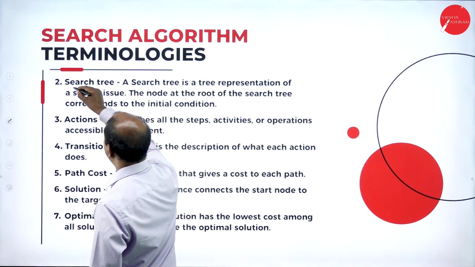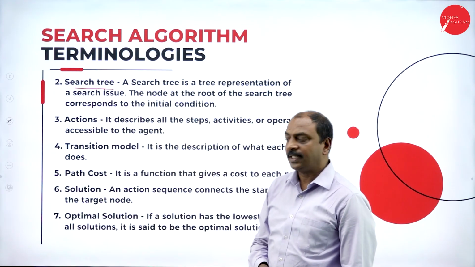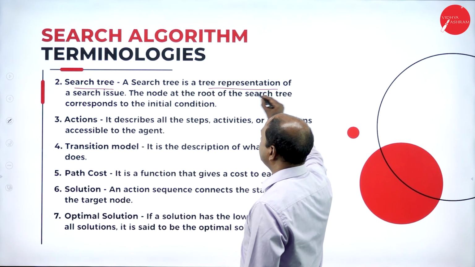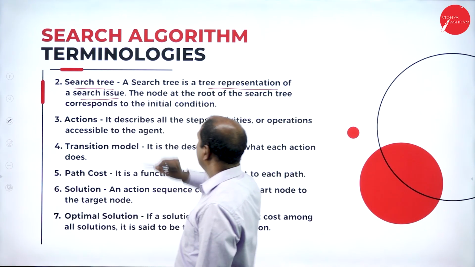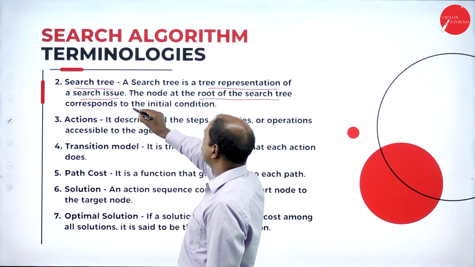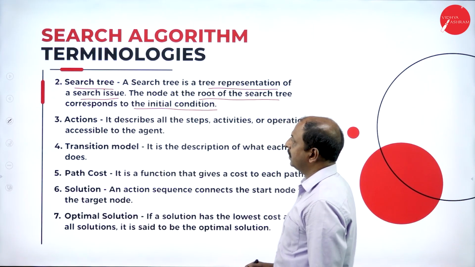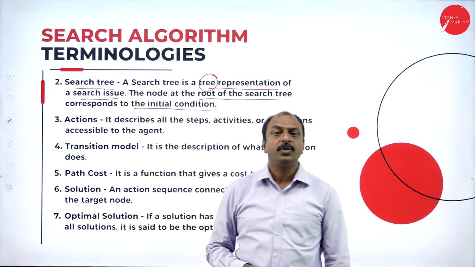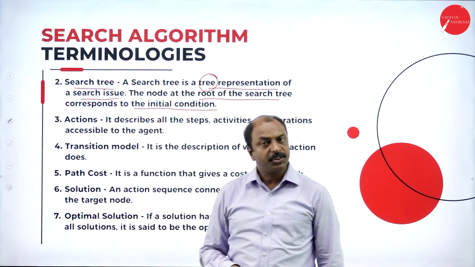Next one is search tree. What is a search tree here? A search tree is a tree representation of a search issue, and the node at the root of the search tree corresponds to the initial condition. You know what a tree is here? Tree is a data structure. A tree is a non-linear data structure.